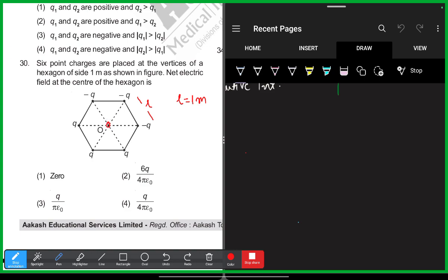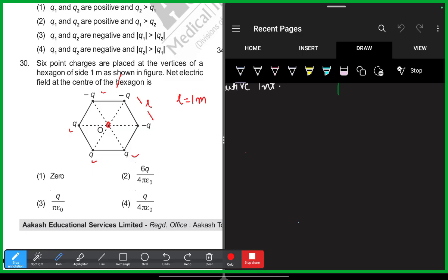Now you can solve this question just by looking at it. How many charges are there? Three and three, all equal in magnitude but having opposite signs.